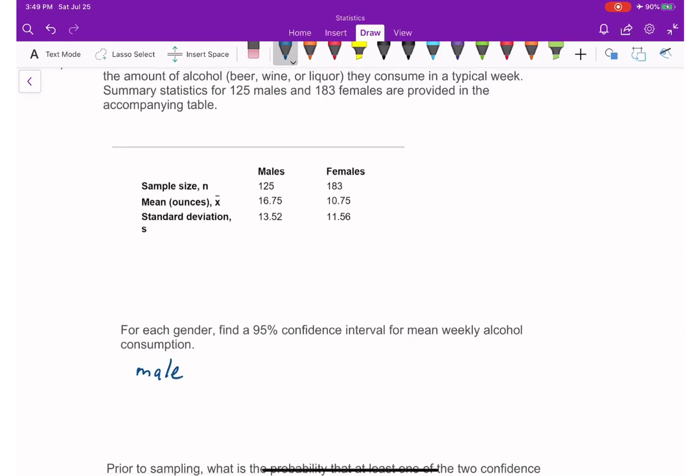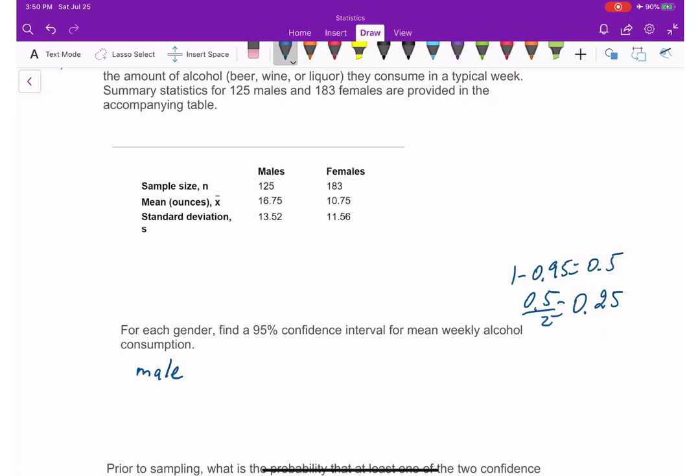So, confidence interval. How much is our confidence interval? 95, right? Which means for Z critical, we're going to get 1 minus 0.95 will be 0.5 and divide by 2, going to be 0.25. Yes? Okay.